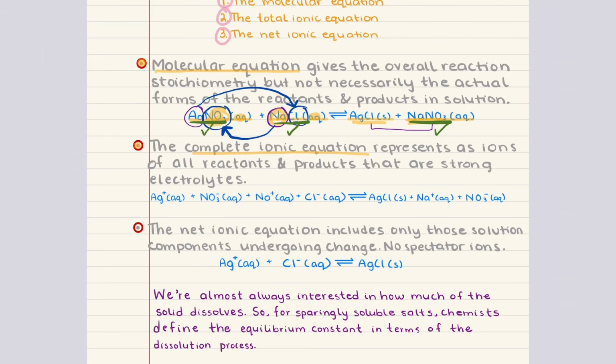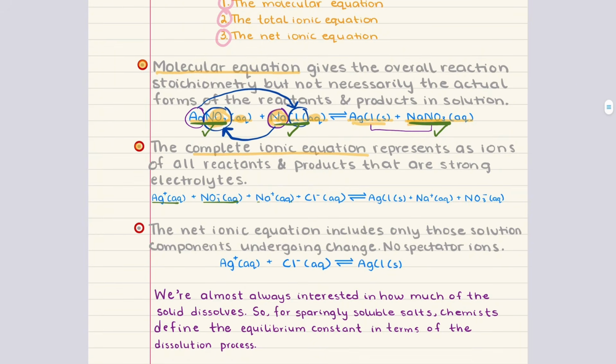So we can write them as free ions. That's what you see right here. Notice that we did not dissociate the silver chloride on the product side. That is because it's insoluble. It is a sparingly soluble salt. It forms a precipitate, and precipitates are written as solids, not as dissociated ions.